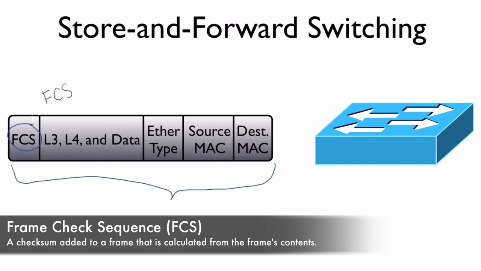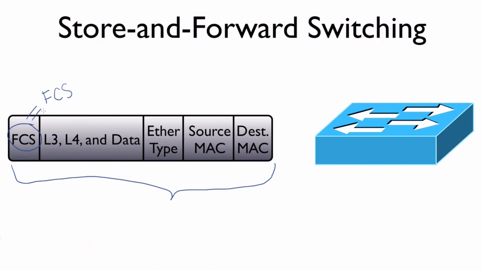If the FCS in the frame equals the FCS calculated by the switch, it can conclude with reasonable certainty that this is a valid frame. It has not been corrupted in transmission, therefore I feel comfortable forwarding it out toward the destination.